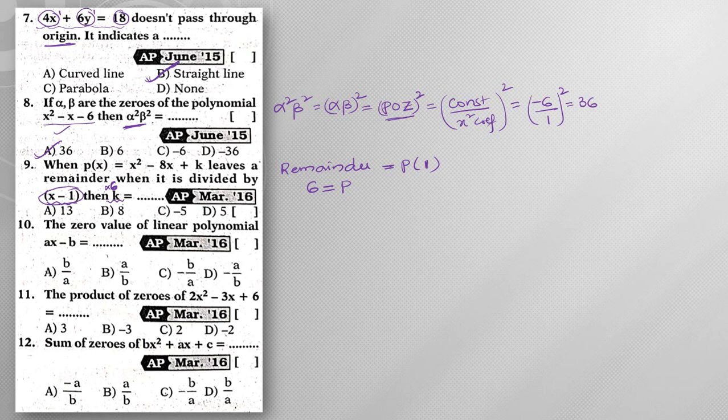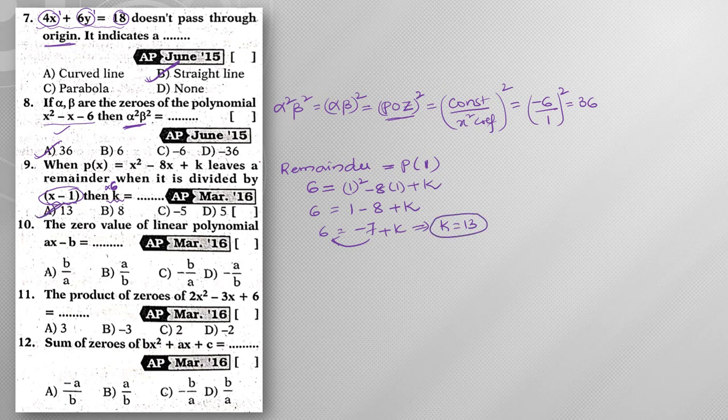So 6 is equal to p of 1. p of 1 is nothing but 1 square minus 8 times 1 plus k. So 6 is equal to 1 minus 8 plus k. 1 minus 8 is minus 7 plus k. When you transpose this minus 7, it will be added to 6. Then k is equal to plus 13. The answer is option A.